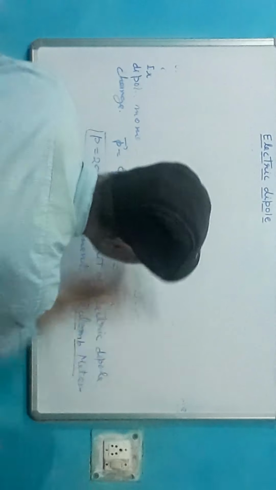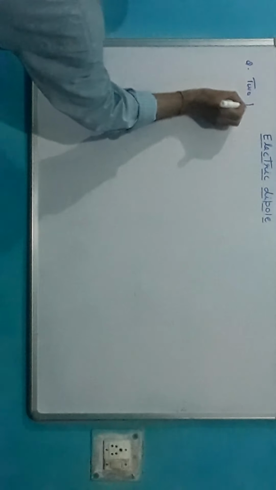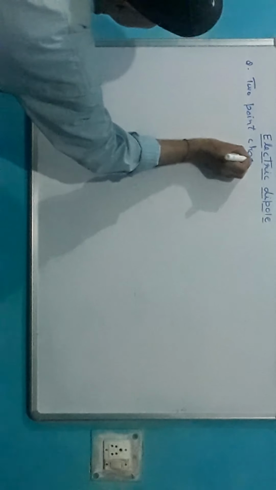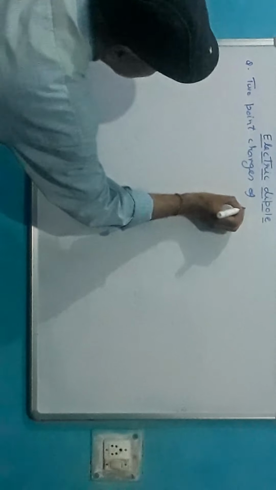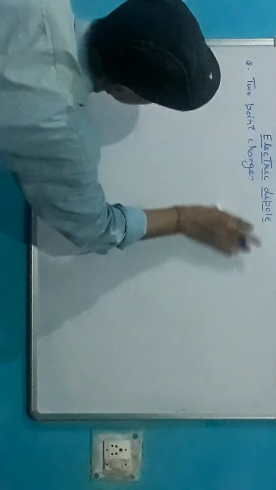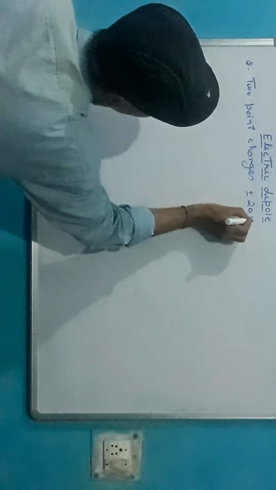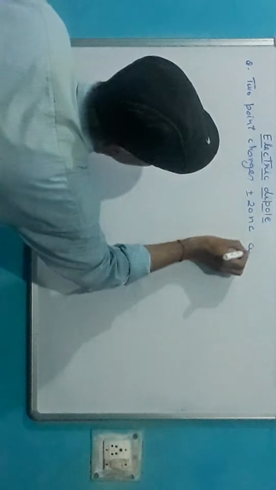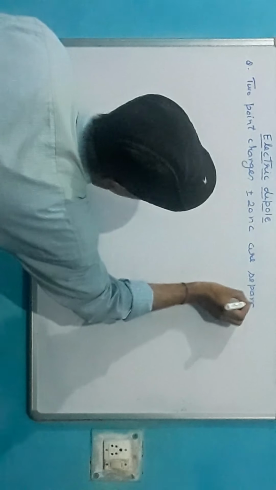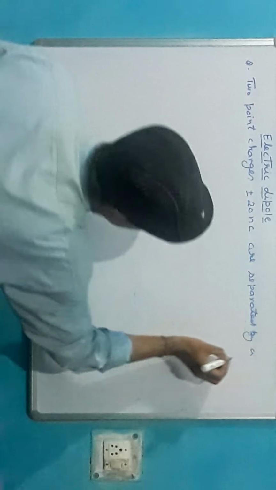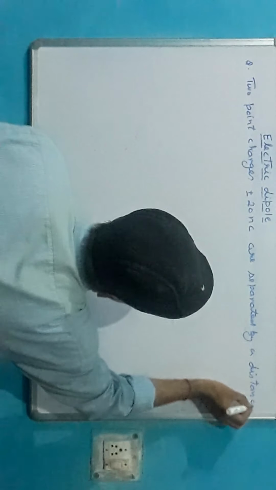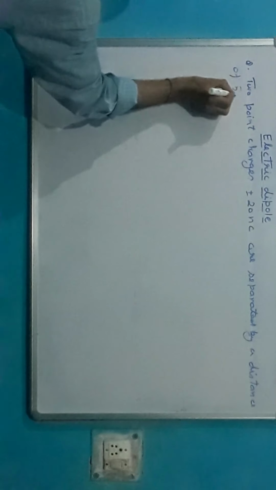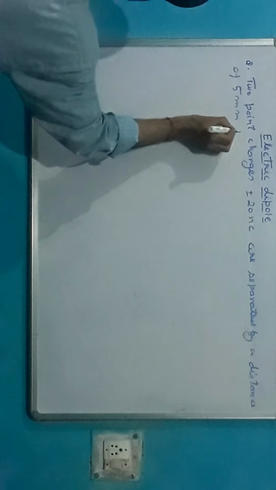Suppose the question states that we have 2 point charges of plus and minus 20 nC, meaning nanocoulomb, separated by a distance of 5 millimeter between them.